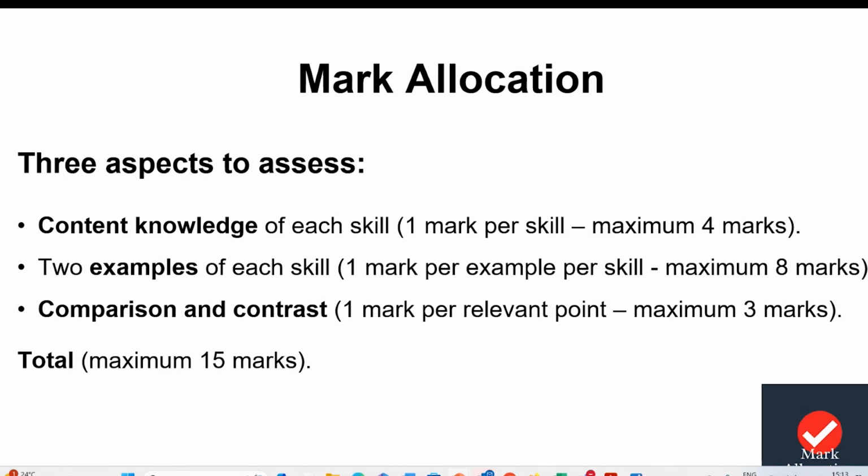So, as we'll go through it in a minute, if you are giving 1 example of the listening skill, you will get 1 mark. So it's 1 mark per example, 2 examples for each skill, which gives you 8 marks. And then to compare and contrast, 1 mark per relevant point. So give 3 different comparisons of these skills.